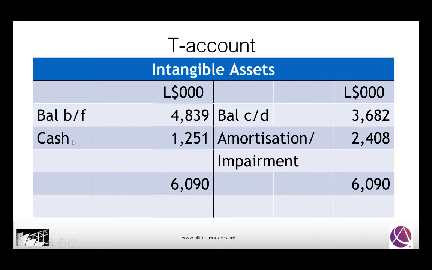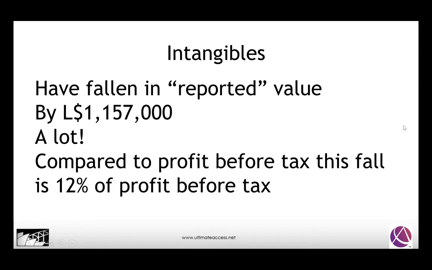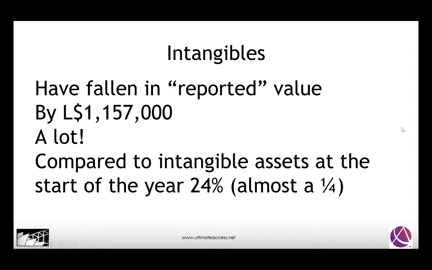So you can see that this is what's been going on over the year. They have fallen their reported value by 1.157 million. And that's a lot. Compared to the profit before tax, this fall is about 12% of the profit before tax. Compared to the intangible assets at the start of the year, it's almost a quarter.